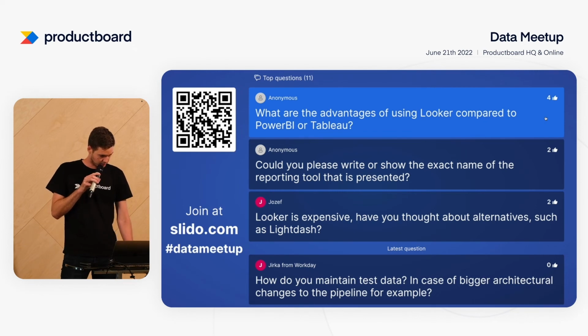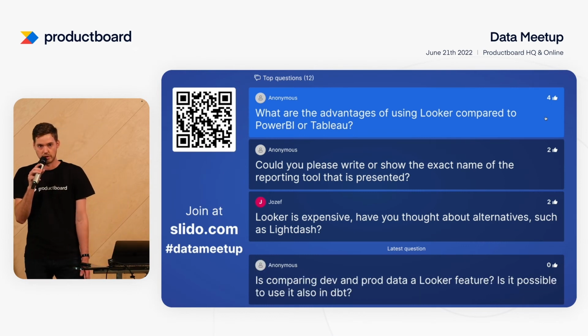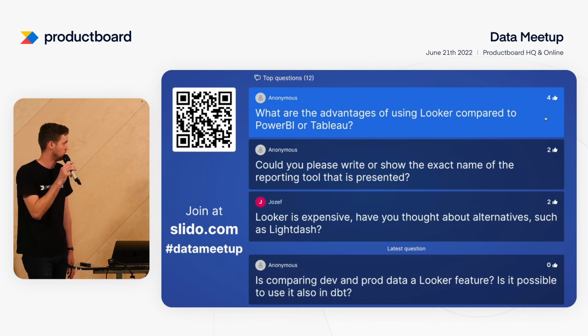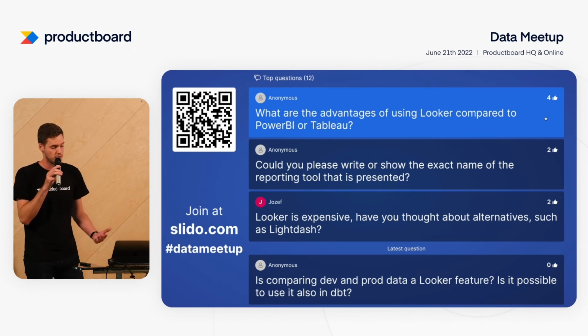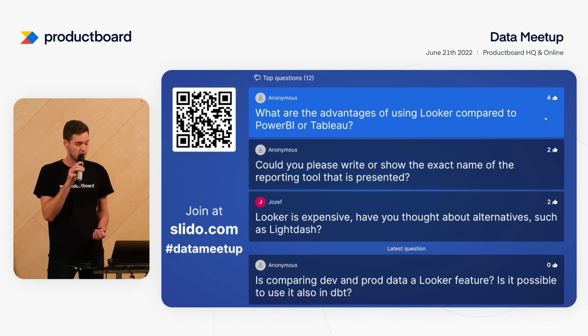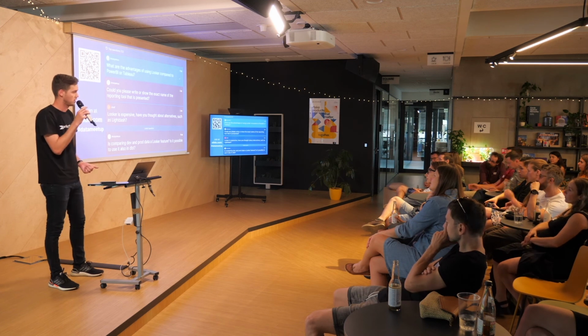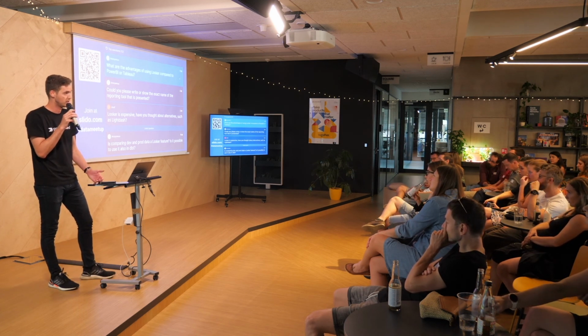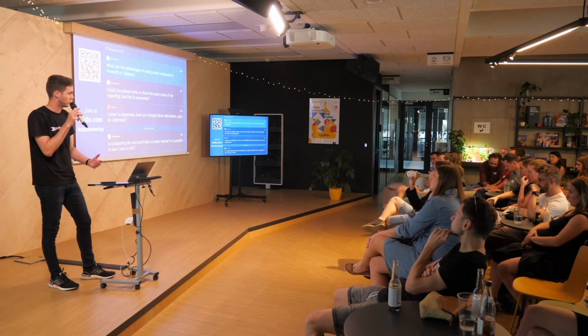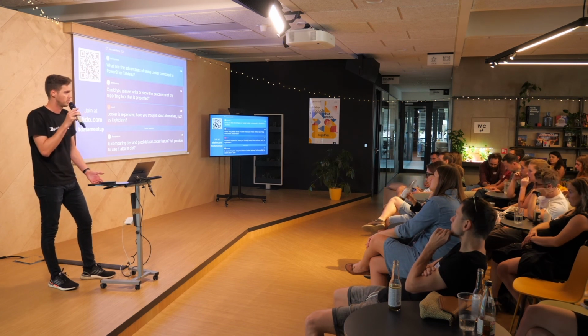What are the advantages of using Looker compared to Power BI or Tableau? The biggest advantage, I would say, is LookML. As I said, you can define everything as code. The second thing is the content validator, so you can quite easily see the impact of your changes.